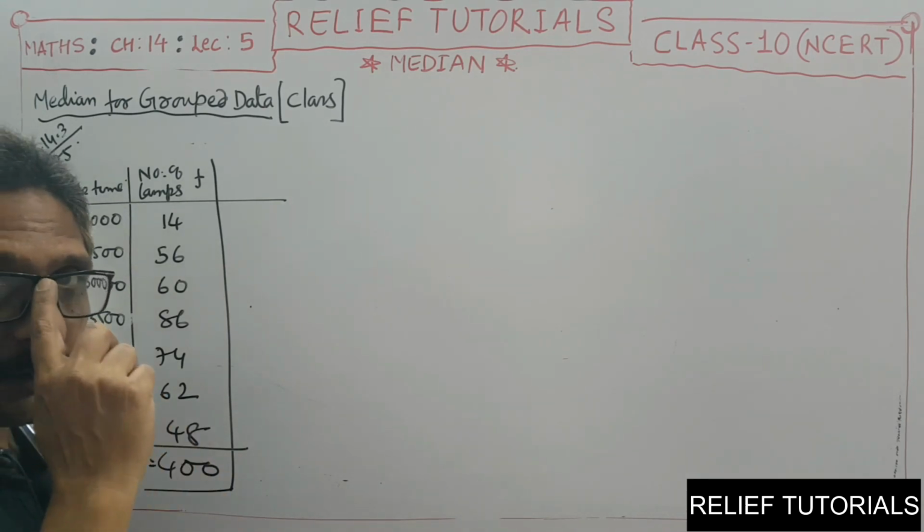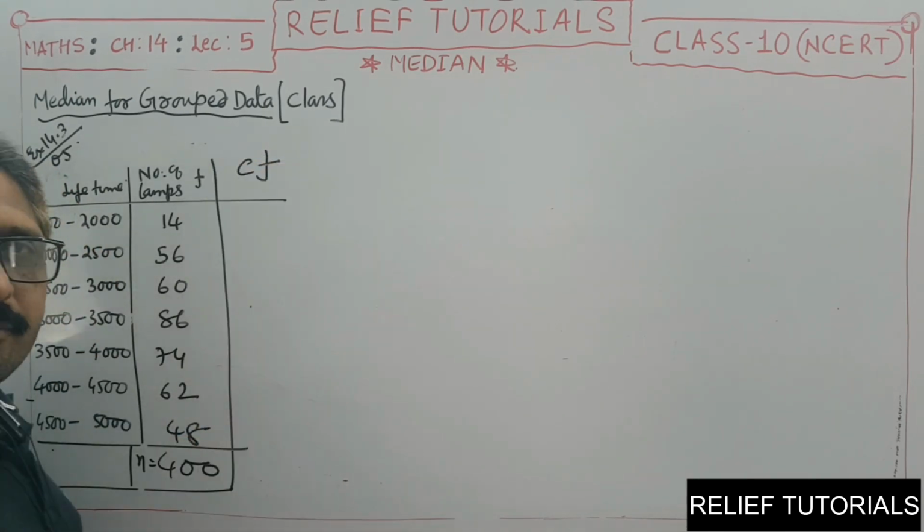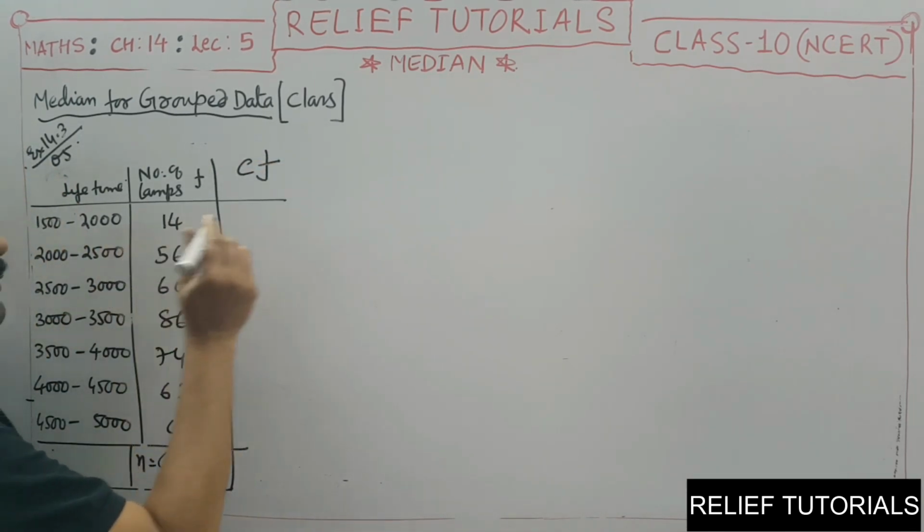So in order to find median, what do you require? You require cumulative frequency. Now we will find cumulative frequency. How? We have 14.